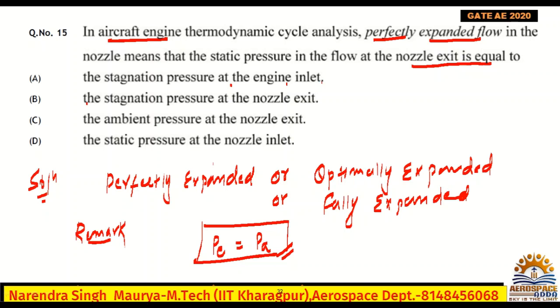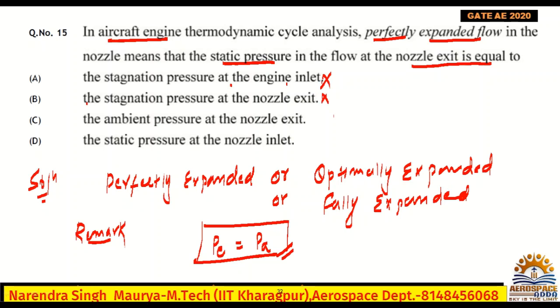The ambient pressure at the nozzle exit will be correct. Here they may say engine static pressure, but it is given as stagnation pressure at the engine inlet, and that will be wrong, because in perfectly expanded flow the static pressure at the nozzle exit is equal to a static pressure, not a stagnation pressure. So first and second, these two are wrong.